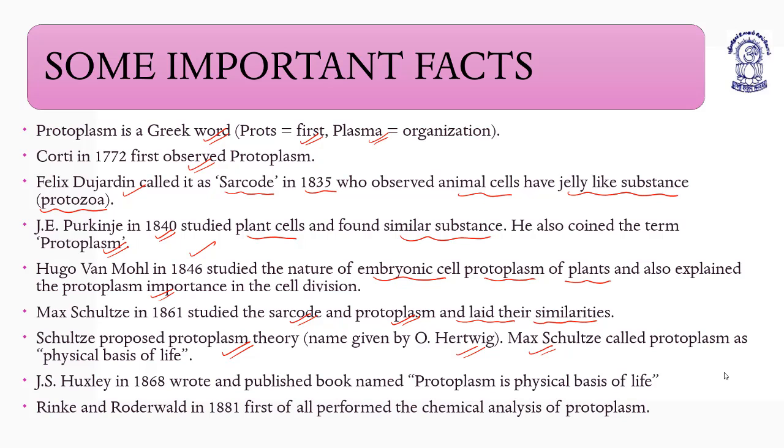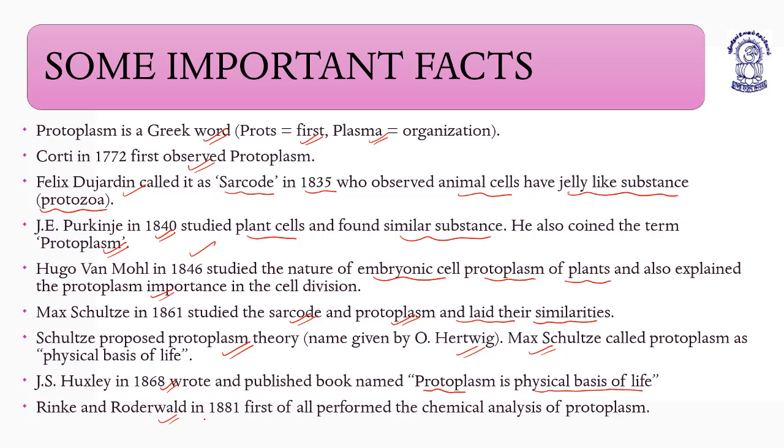Hugo von Mohl studied the nature of embryonic cell protoplasm and also explained its importance in cell division. Schultze proposed the protoplasmic theory, a name given by O. Hertwig. Max Schultze called protoplasm the physical basis of life. T.H. Huxley in 1868 published his book Protoplasm as the Physical Basis of Life.